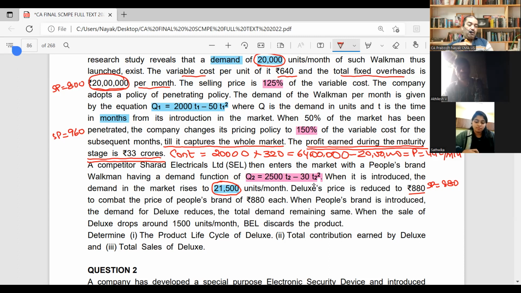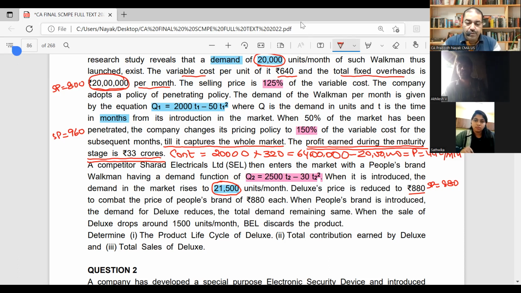Calculate and tell me. 33 crores divided by 44 lakhs. How much do you get? 75, not 0.7. How can you get 0.7? 75 months. Right?